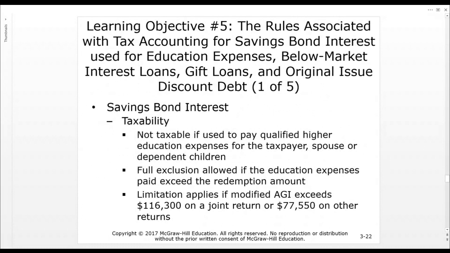Again, we talked about the savings bonds interest. We have here savings bond interest, the taxability of that. Not taxable if used to pay qualified higher education expenses for the taxpayer. That's a good one. When we talk about tax planning, there's a lot of wealthy individuals that will invest into these savings bonds, but with these bonds, it could only be used for education expenses.